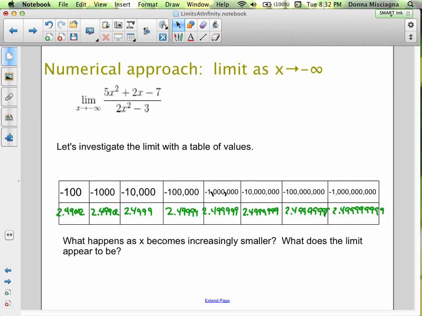We're getting closer and closer to the finite number 2.5. So at least from our table of values, the limit as x approaches positive infinity of this function, and the limit as x approaches negative infinity, appear to be 2.5.